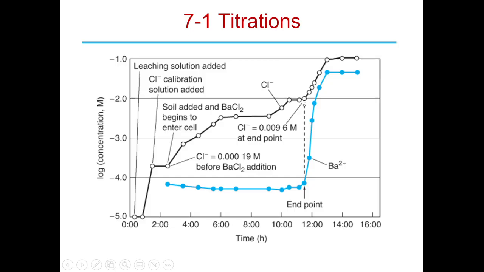After that, you just get straight upwards because it just increases as you add. So this right here would be our endpoint. That's where we detect how much barium we have. And again, the endpoint is when you end. That's when you should be stoichiometrically equal. Okay?